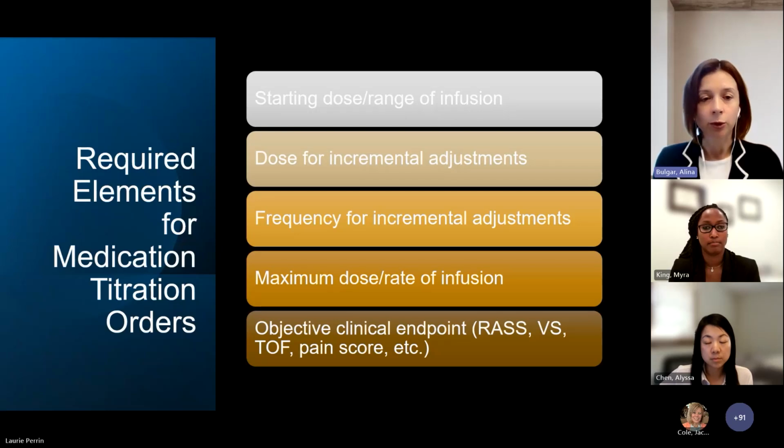So every titration order should have all of these 5 elements present in order for a safe administration of the medication order. Next slide, please.